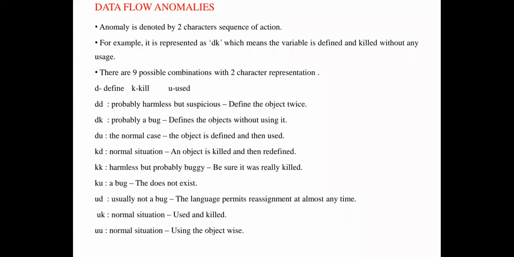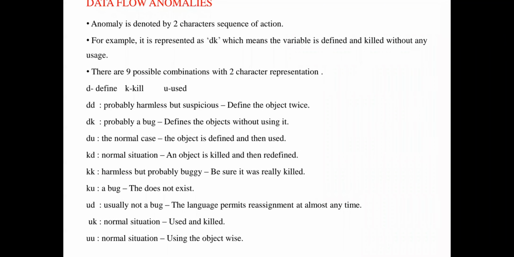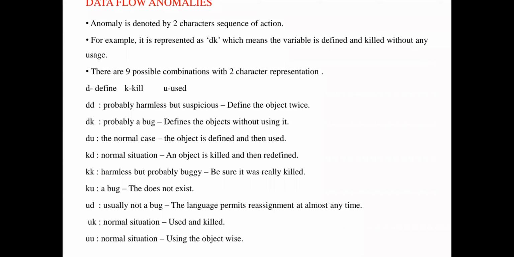An anomaly is denoted by a two character sequence of actions. When you are seeing a particular representation of an anomaly, it is represented in two characters.